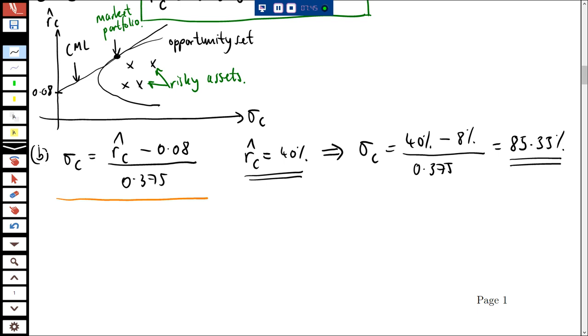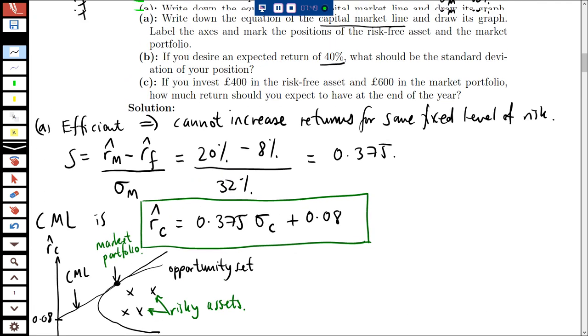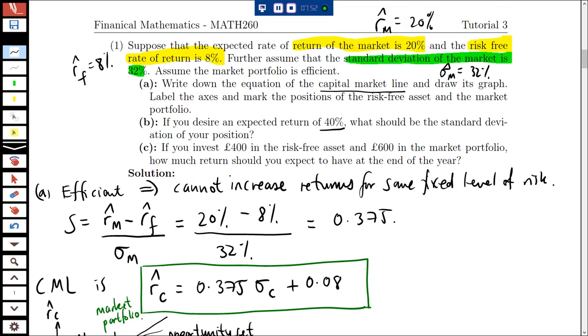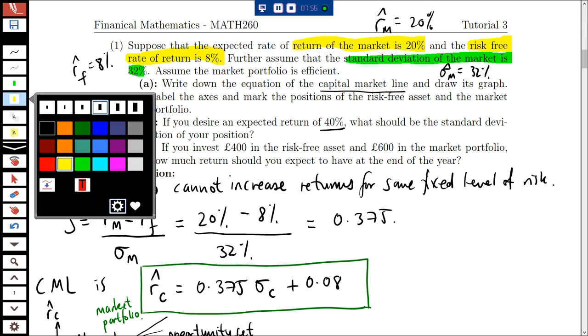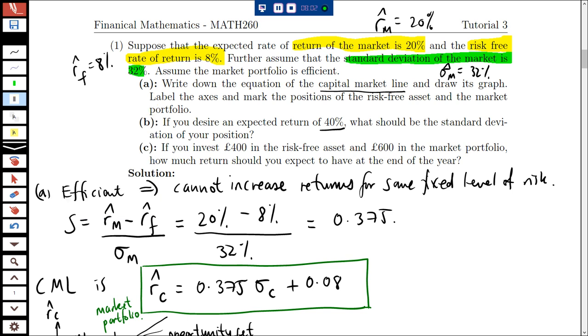Okay, part C. Part C, there's a few details, let's highlight them. Something different. What could we choose? Nothing too dark. Okay, a bit boring, let's go grey. So we invest 400 quid in the risk-free asset and 600 quid in the market portfolio.